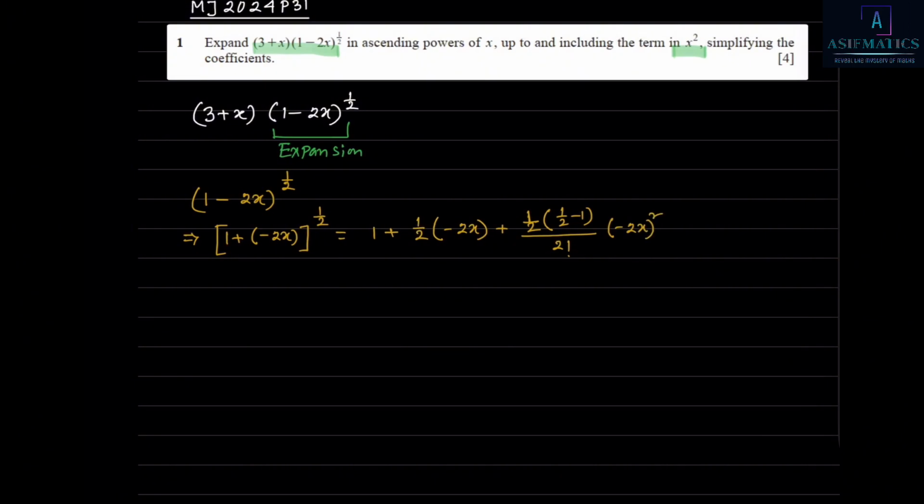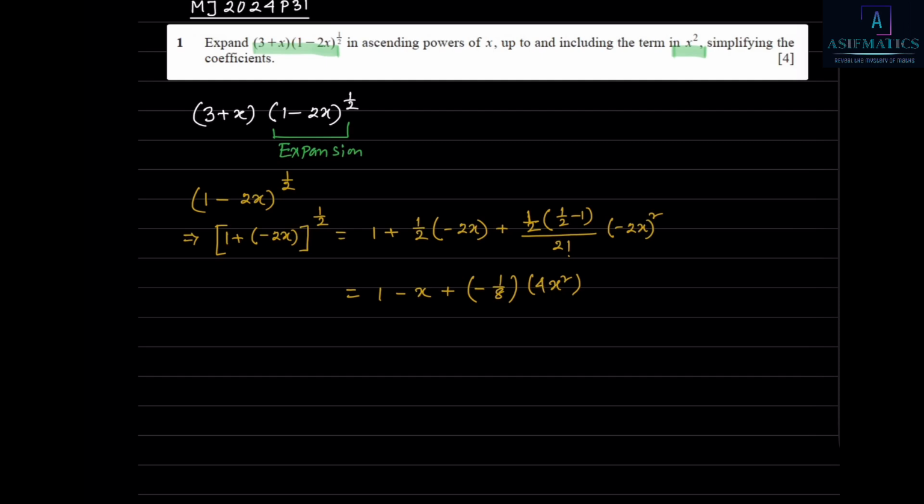We have to do until the square, so we do not need to go further. If we simplify, this will be 1 minus x, and then plus, 1 by 2 minus 1 is minus half, so this will be minus 1 by 8 and 2x squared is 4x square.